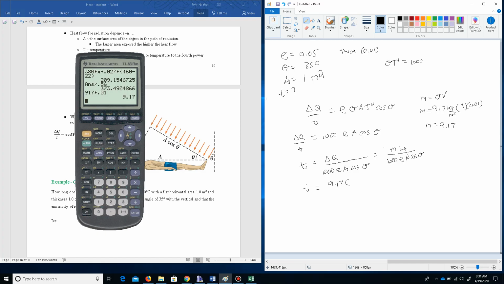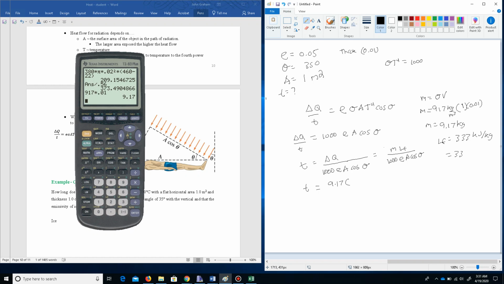We're dealing with water, so the heat of fusion is 333 kilojoules per kilogram. This mass was in kilograms, so we're going to have to switch this to joules per kilogram.